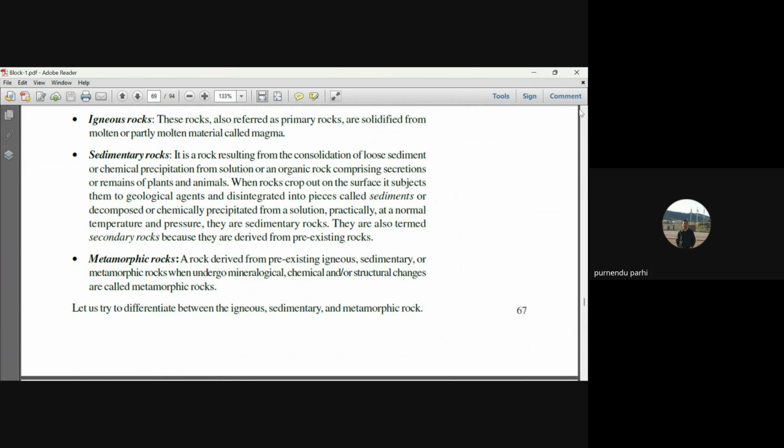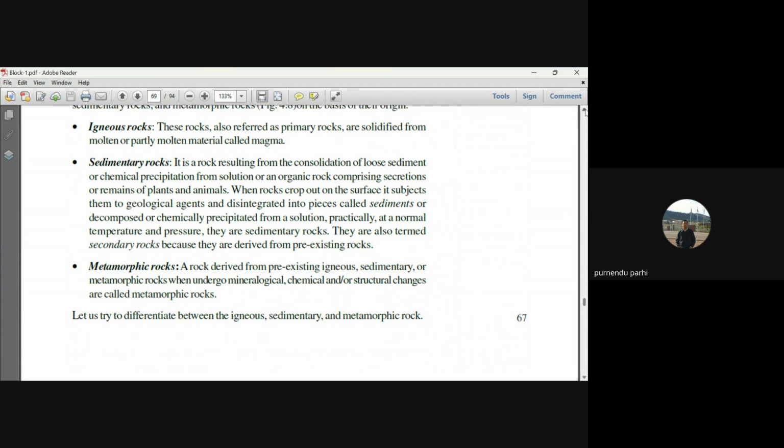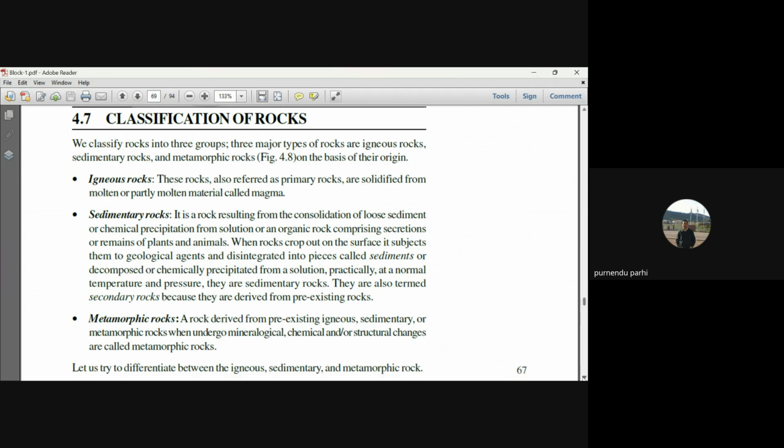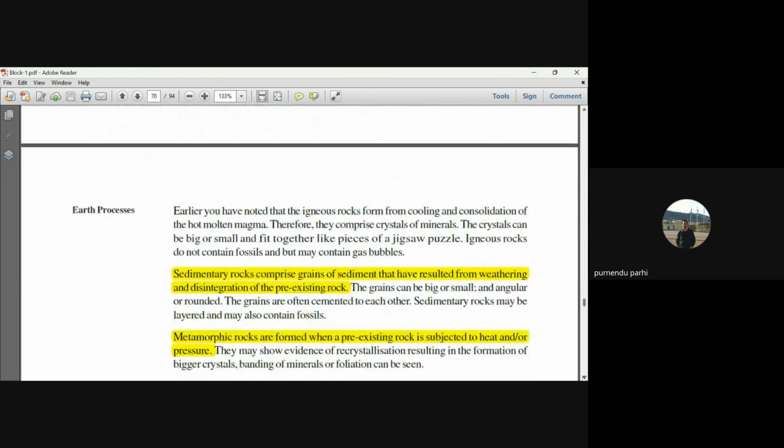So there are different kinds of rock. Classification of rock: there is igneous rock, sedimentary rock, then you have metamorphic rock. Sedimentary rocks comprise grains of sediment that have resulted from the weathering and disintegration of pre-existing rocks.